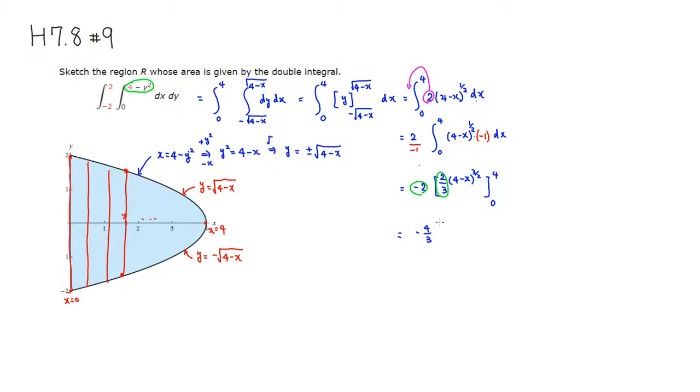Then we plug in 4 first, which gives 0, minus plugging in 0: 4 to the 1/2 power is 2, cubed is 8. The negatives cancel out, so you get 4 times 8, which is 32 over 3.